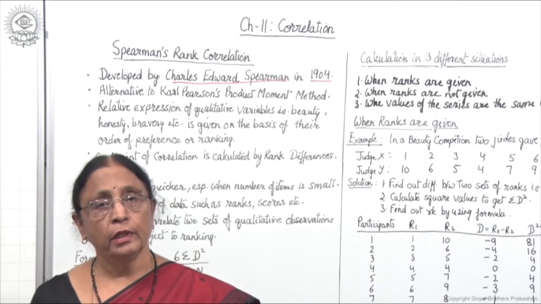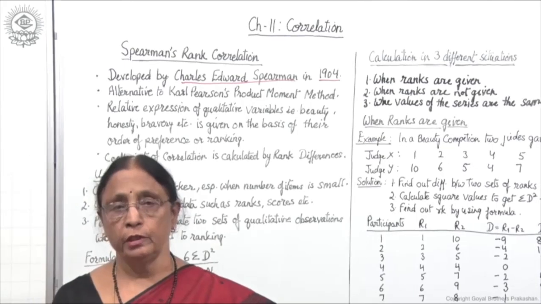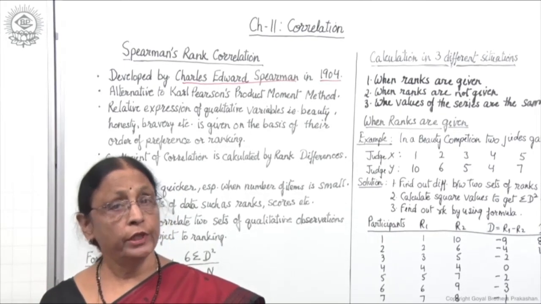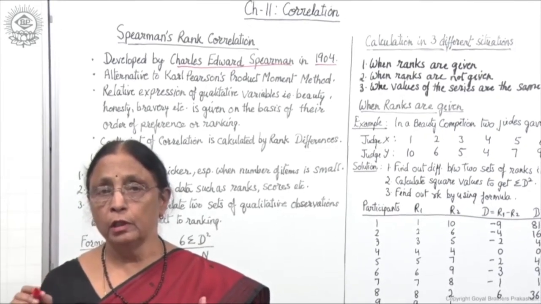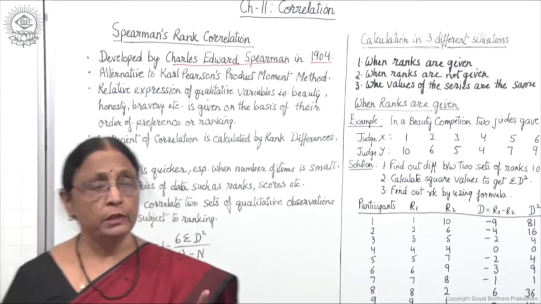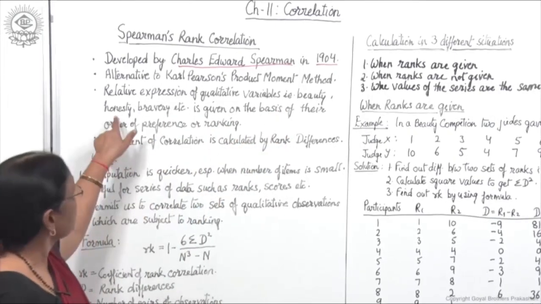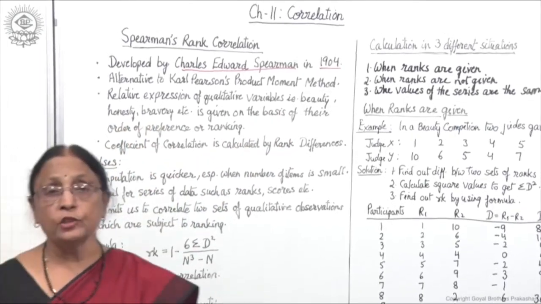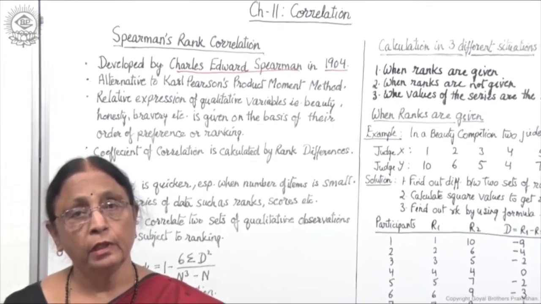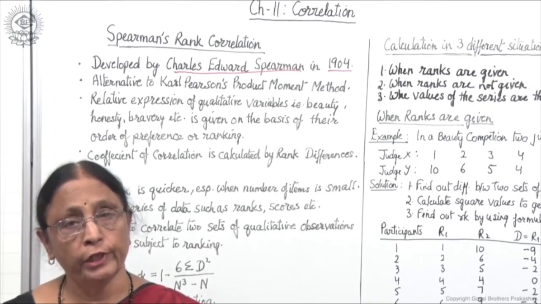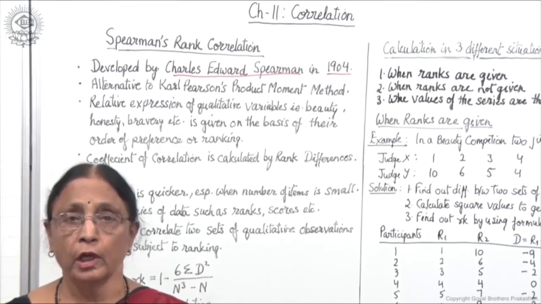For example, if you want to know the correlation between two variables which are qualitative variables like beauty, honesty, intelligence, bravery, etc., then with the help of qualitative data you will not be able to find out correlation with the help of Karl Pearson's method.